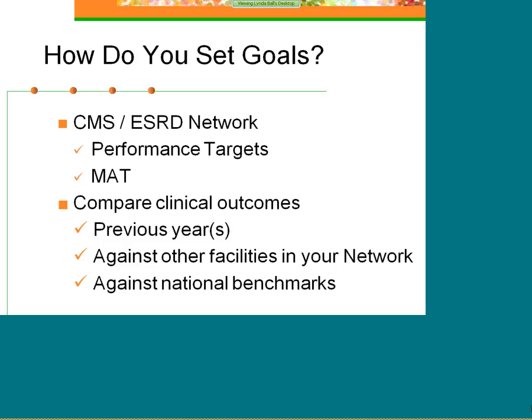You can also compare clinical outcomes. You can look at previous years, so you can look at over the last 5 years, how have you looked on this clinical indicator. You can look against other facilities in the network. When we're doing projects, we usually send out graphs, and we've broken it down since, for instance, the state of Washington is so big that we usually have Eastern Washington and Western Washington, but we also have the Seattle-Tacoma area.